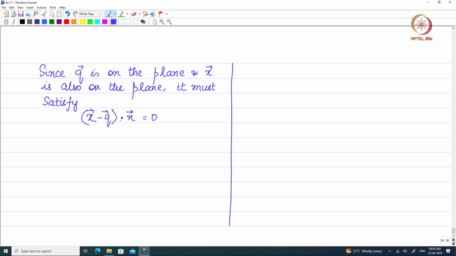So, x minus q is a vector that we will get. So, x minus q dot n is equal to 0.